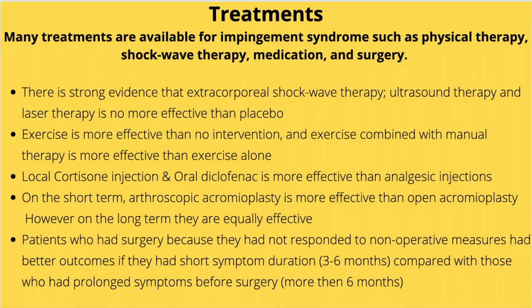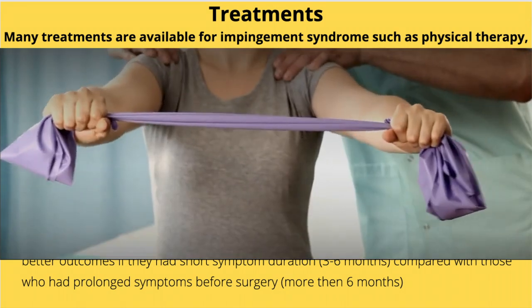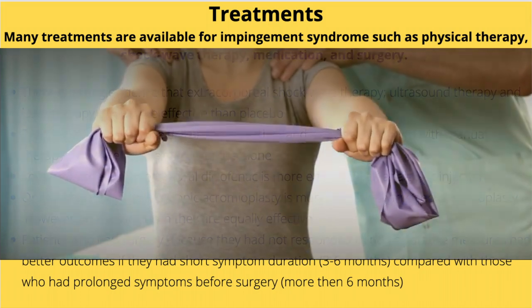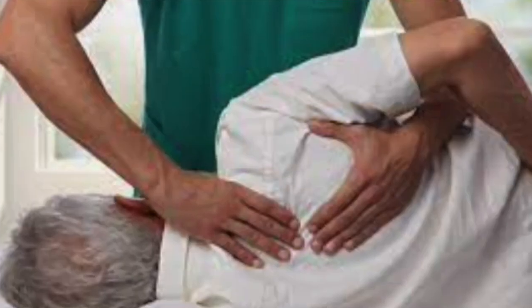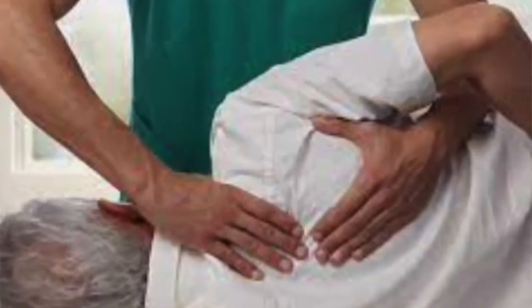Number one, because I have had some people responding really well to one or more of these treatment modalities. And number two, because I think that the research is actually lacking in this area. So the research is not able to quantify the extent of the possible benefits. Second point to make is that exercise seems to be more effective than no intervention, and exercise combined with manual therapy seems to be more effective than exercise alone.